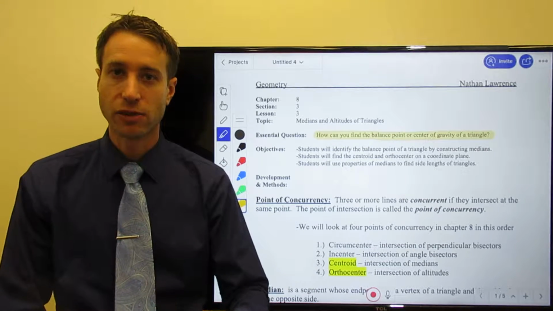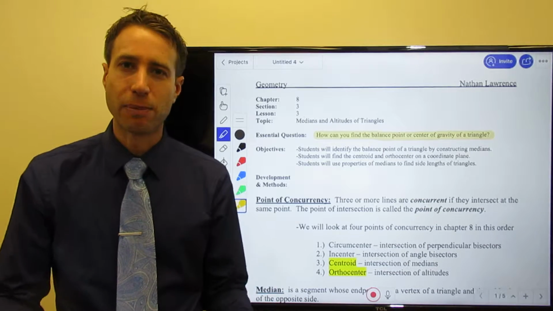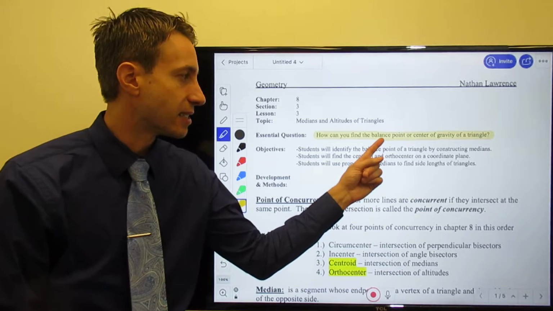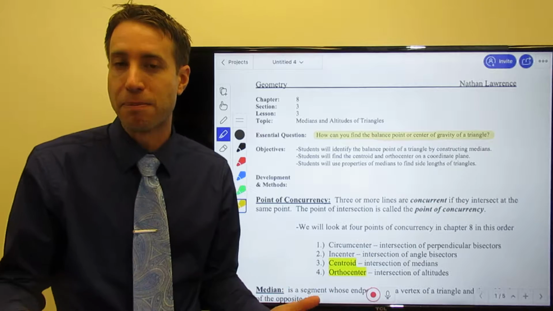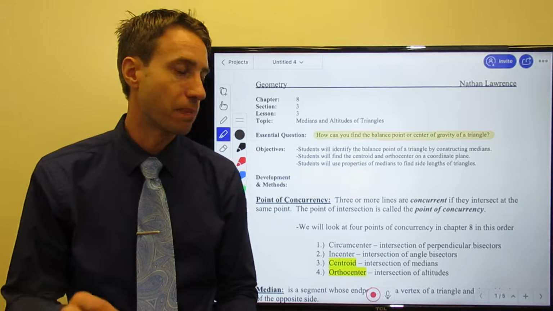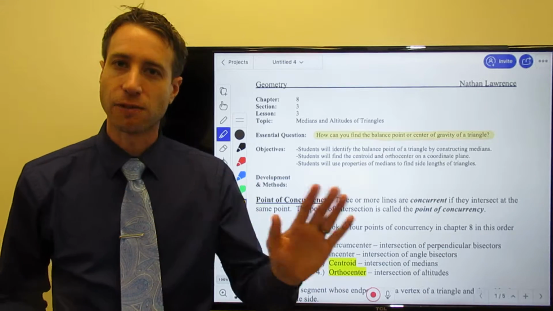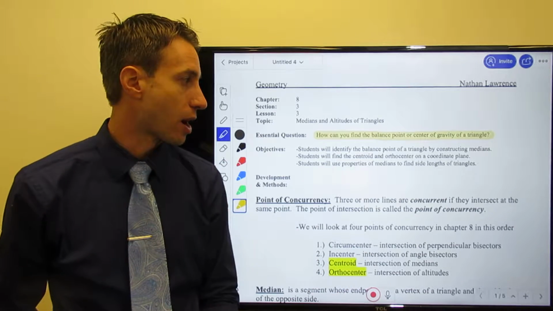Having a lower center of mass or center of gravity is really important. So being able to find a center of mass, a balance point, is a really important idea that extends far beyond geometry and just triangles.